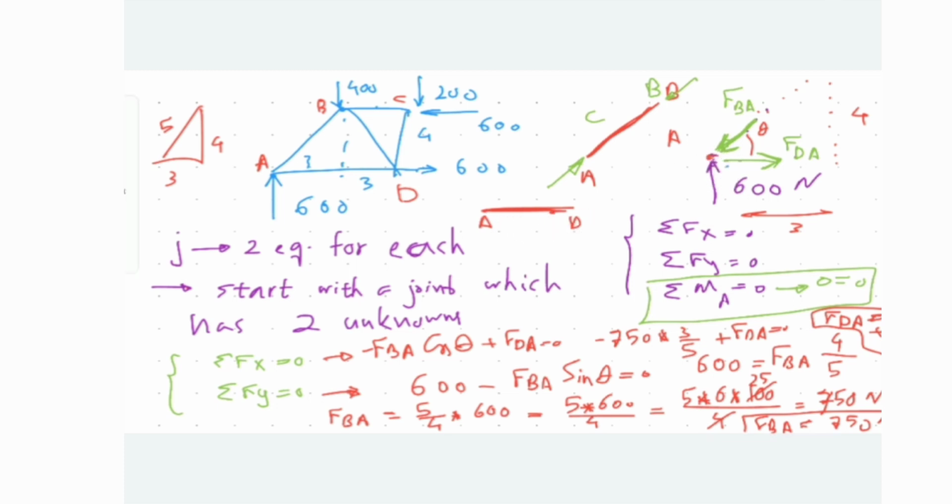The reaction of that would be applied on the link, meaning that I would have a force over here with exactly the same value, but in reverse direction. For preventing the motion of this guy, you need to put a force over here.